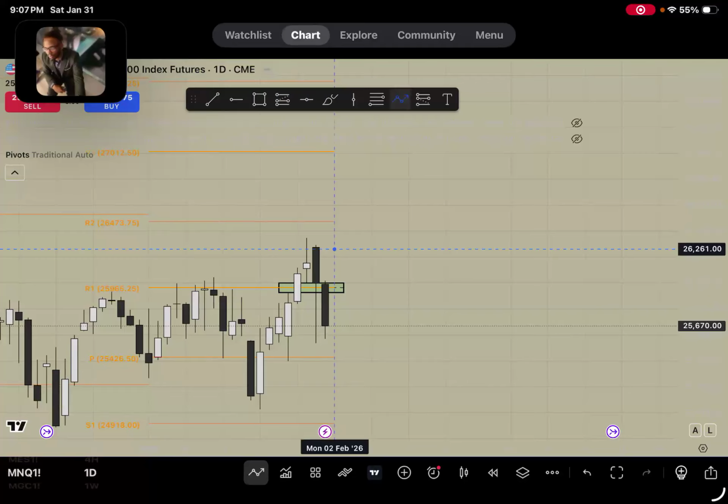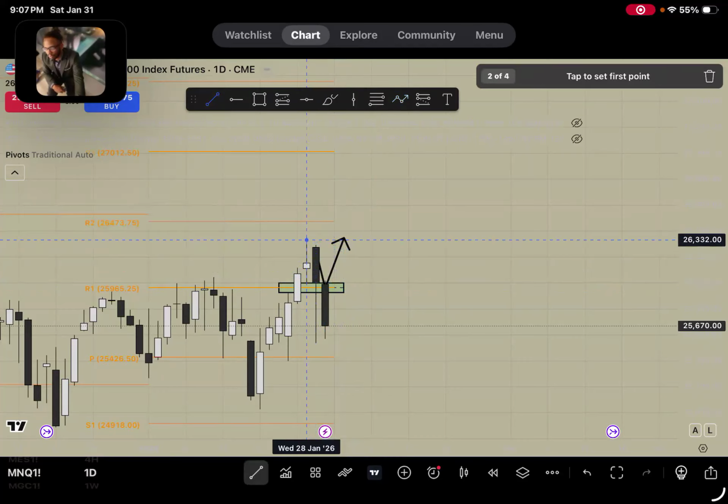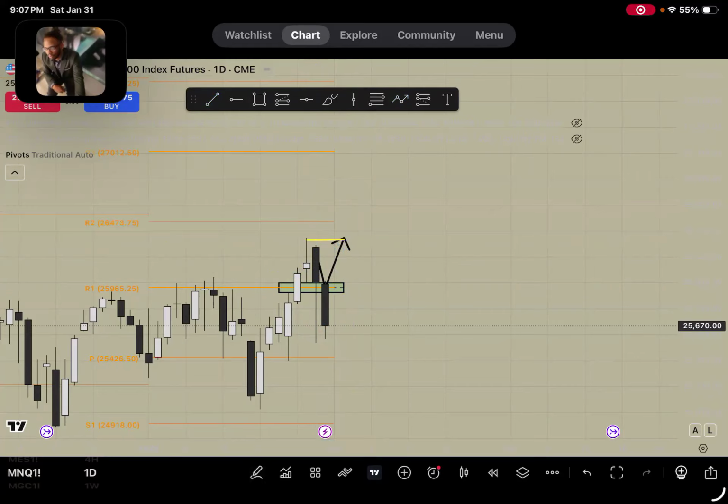This bullish gap was supposed to, if it was respected, go up to these highs. Did the market do that? Yes or no? No, right?